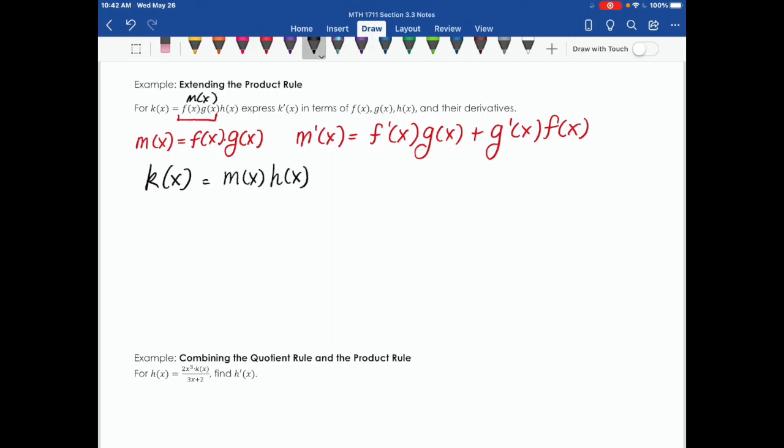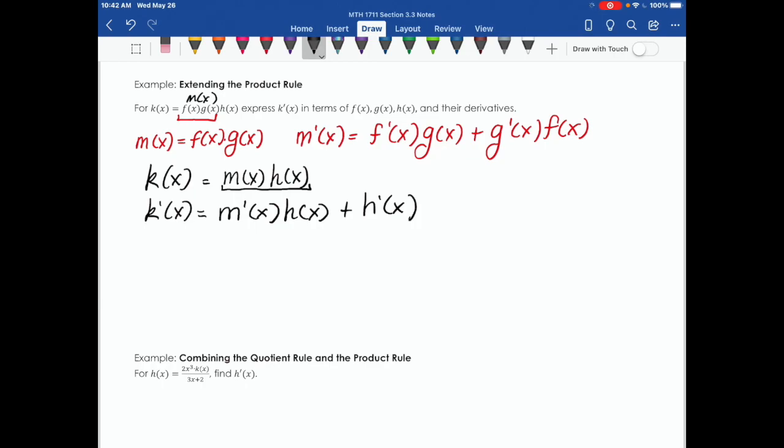I'm going to rewrite k of x now as m of x times h of x, since I substituted m of x in for f times g. And so now when I take the derivative, I'm going to use the product rule on these two.